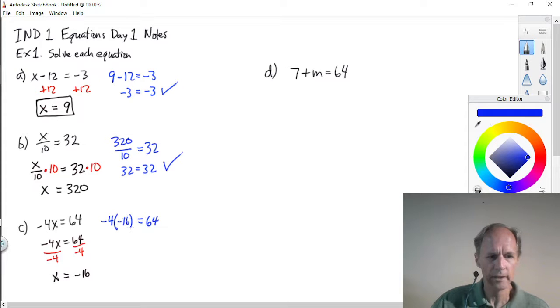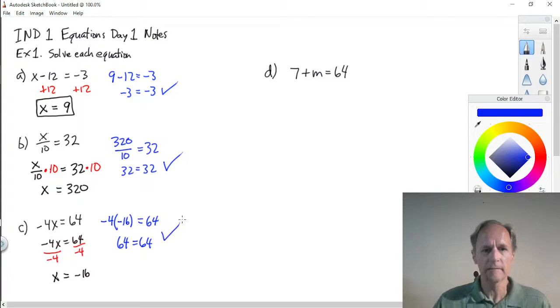All we did was plug in the -16 for x. Negative times a negative, that's a positive, right? 4 times 16, 64. Positive 64 because negative times negative. And it checks. Okay. One more in example 1.